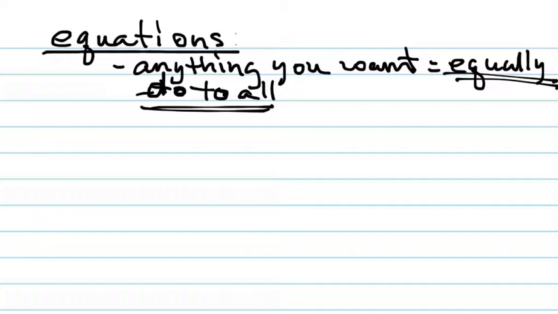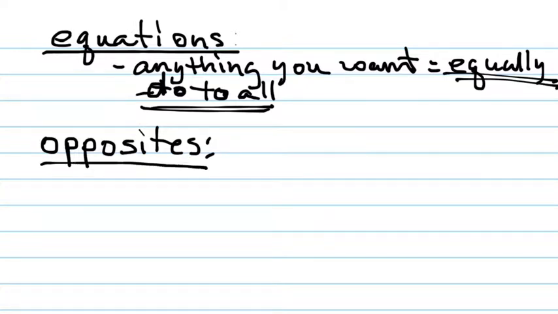Okay? Another critical thing that we need to talk about are opposites. Now I'm going to spend a little bit of time here talking about opposites, because if you don't understand how to do opposites, then you're not going to understand anything else we do from this point forward. When you're talking about opposites, you're talking about same number, different signs.